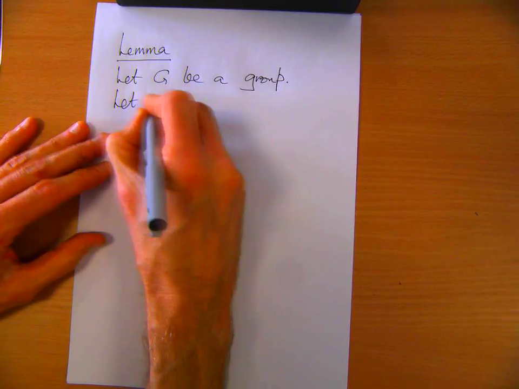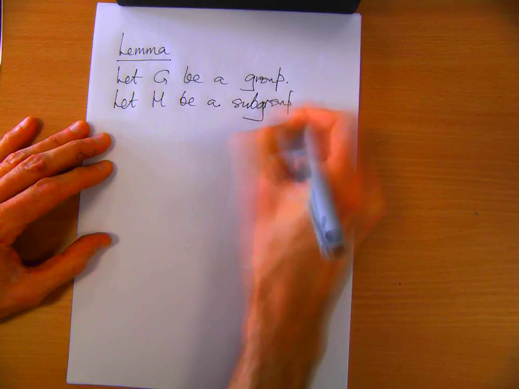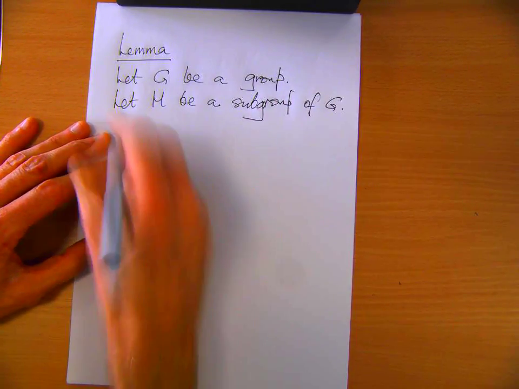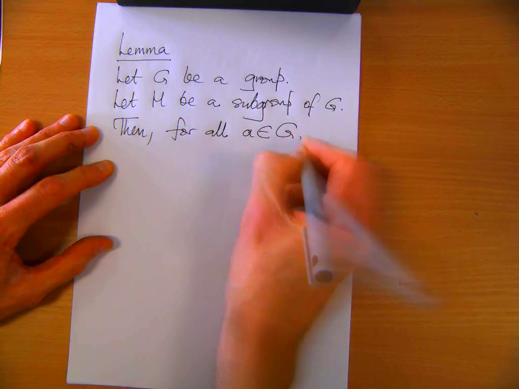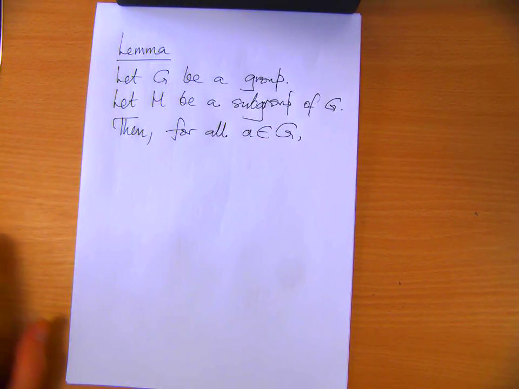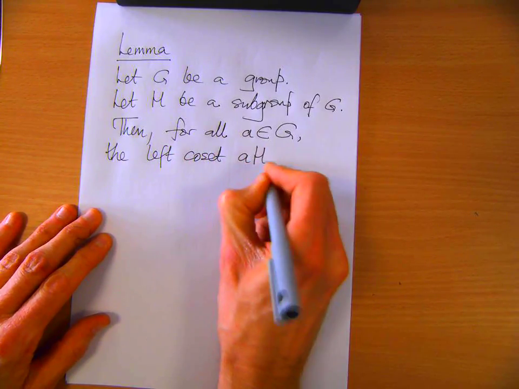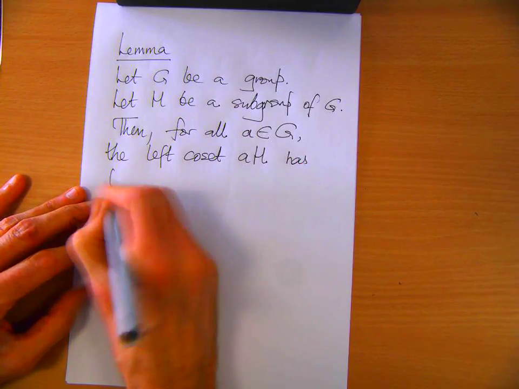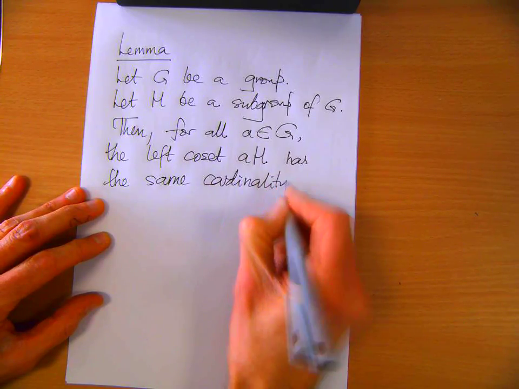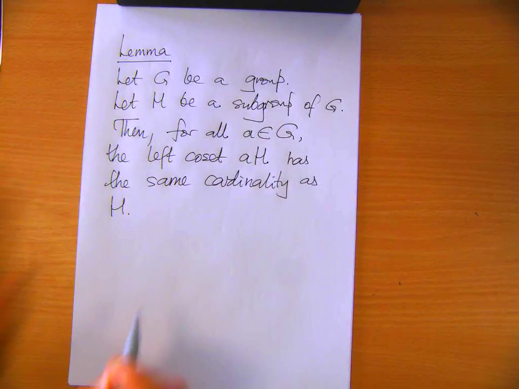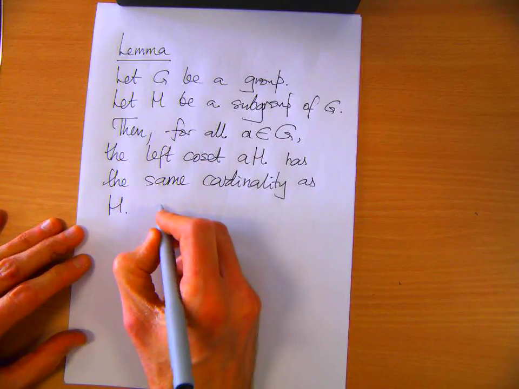Let G be a group, let H be a subgroup of G. Then, no matter which a you take in G, which little a you take in big G, the left coset aH has the same cardinality as H. So all left cosets have the same cardinality as H, and in fact so do all the right cosets.